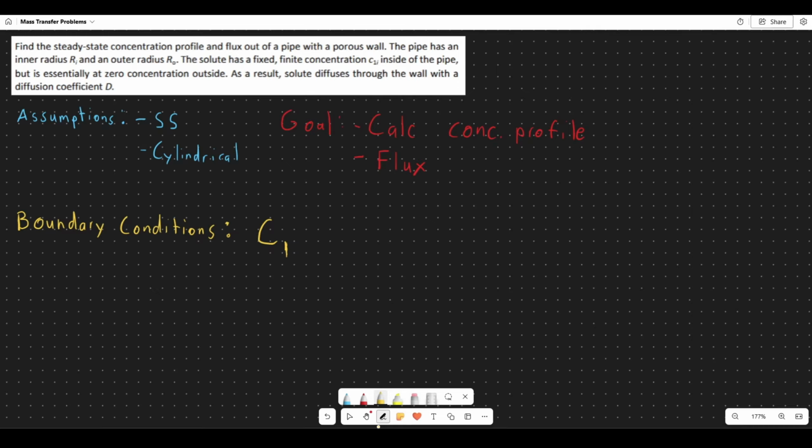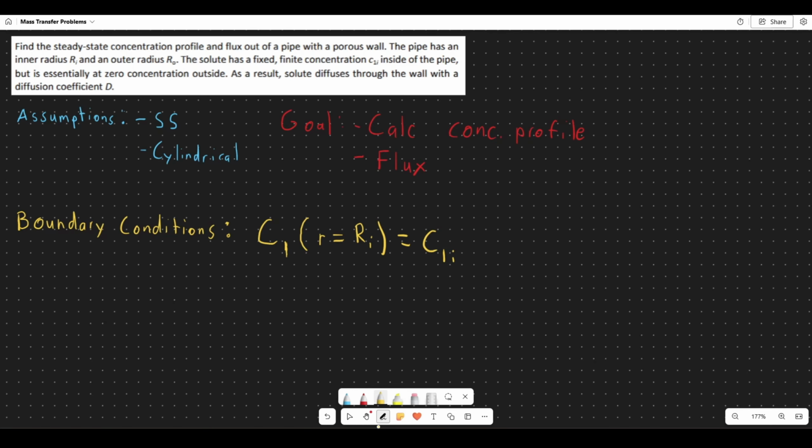So C1, the concentration of species 1 of the solute at r equals r sub I, that's the inside, is equivalent to C1I, which is given in the problem.